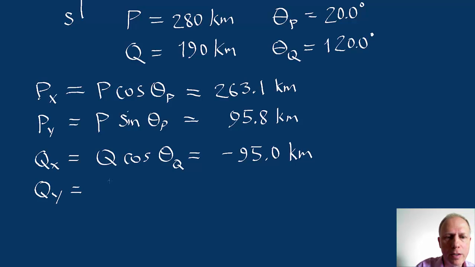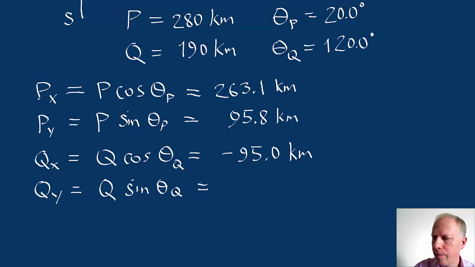The y component is Q sine of theta Q, and I find 164.5 kilometers. A quick look at the sketch would show that these are plausible and reasonable sounding also.